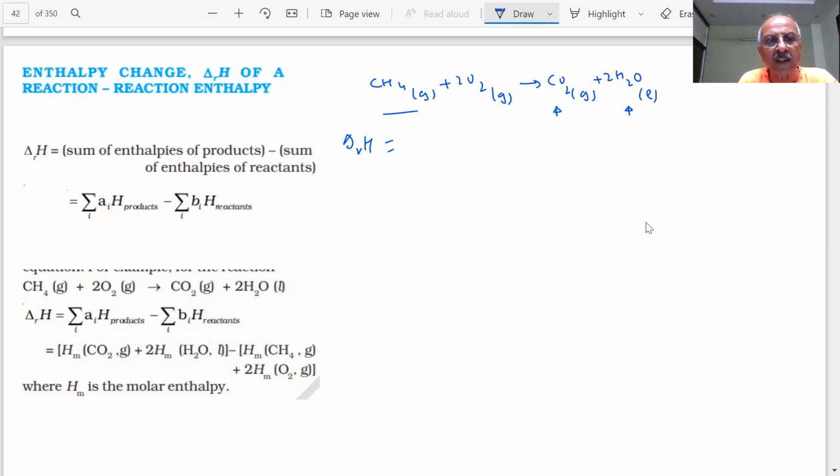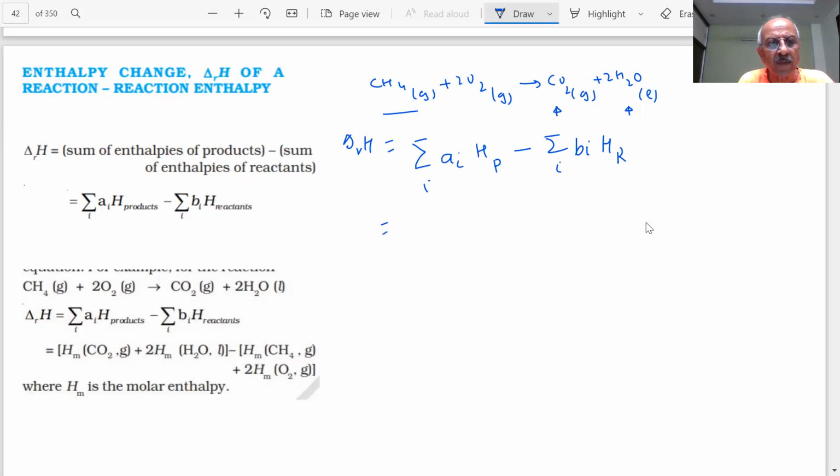Therefore, I can say that the enthalpy change of the reaction can be written as the sum of the enthalpies of the products minus the sum of the enthalpies of the reactants. What are these coefficients? These are the coefficients which are there in a balanced equation. When I write the equation, here the coefficient is 1, here it is 2, and this is for the products, this is for the reactants.